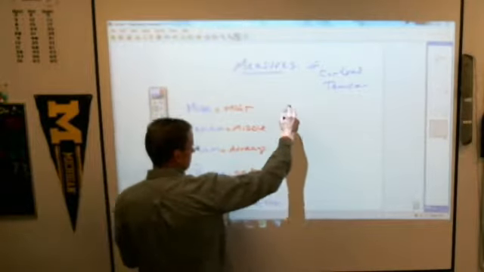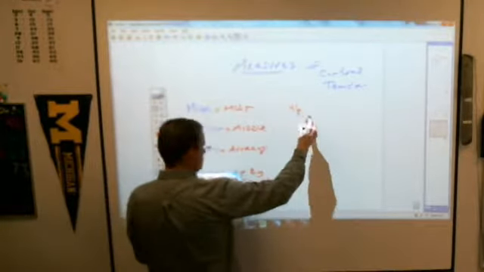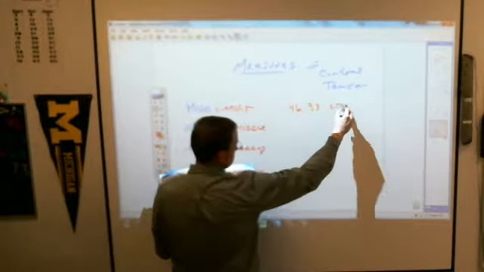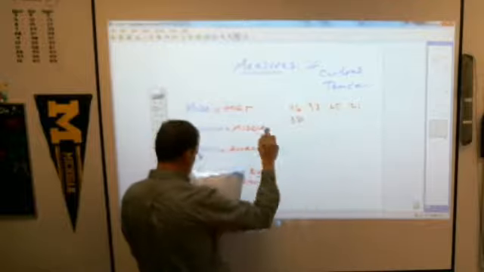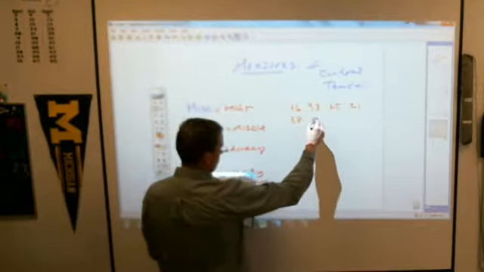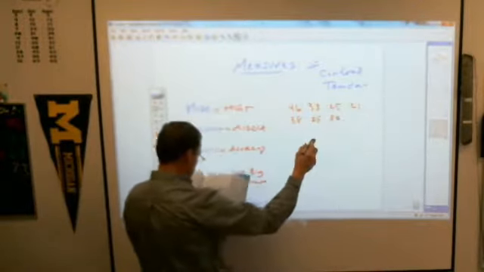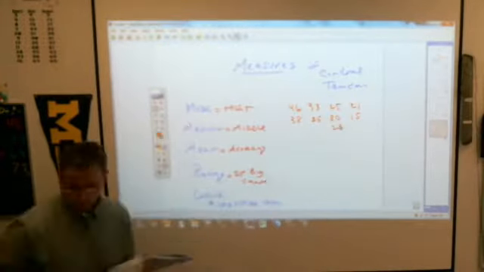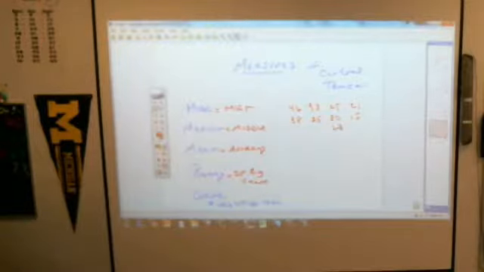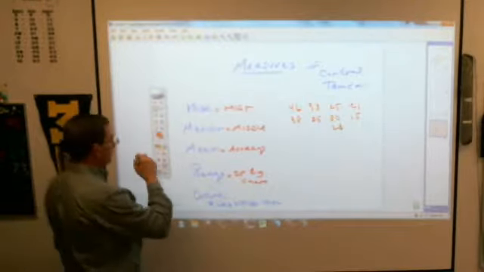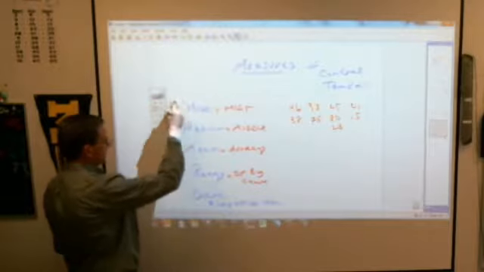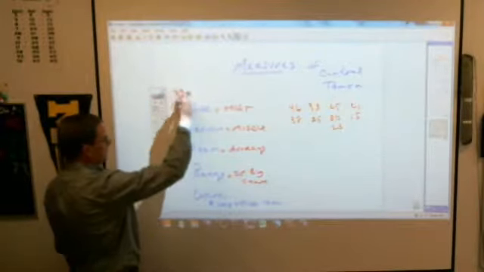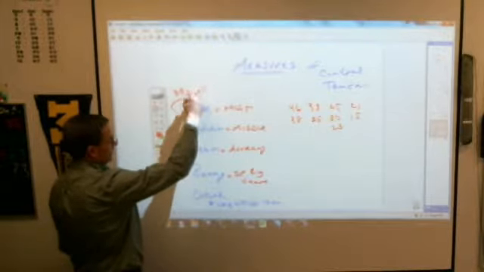Let's do one. Let's say you've got 46, 33, 25, 21, 38, 25, 30, 15, and 28. For the mode and the median, you definitely have to organize these, which means you make them small to big.